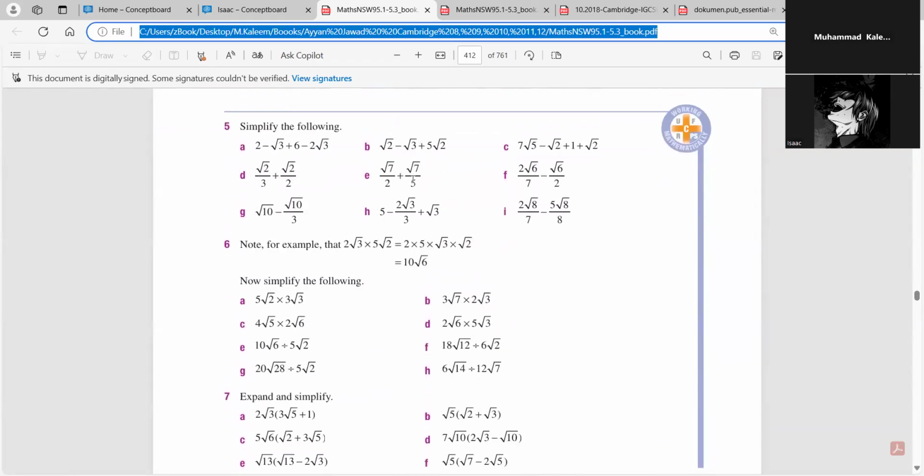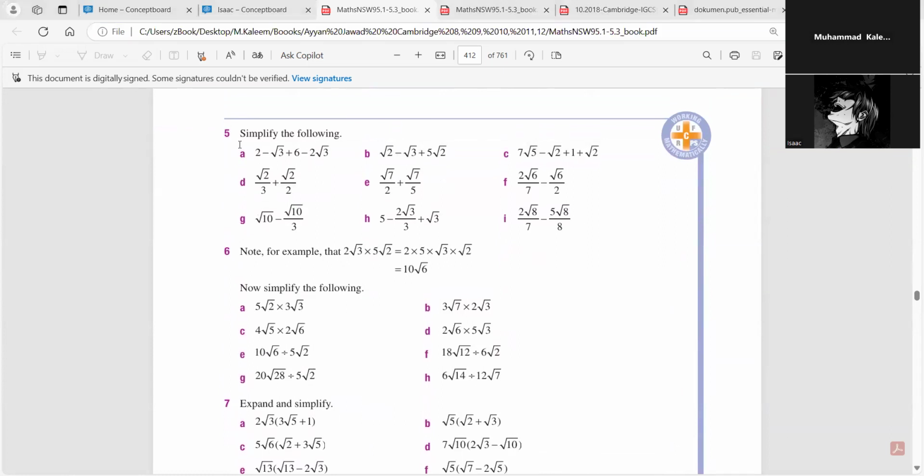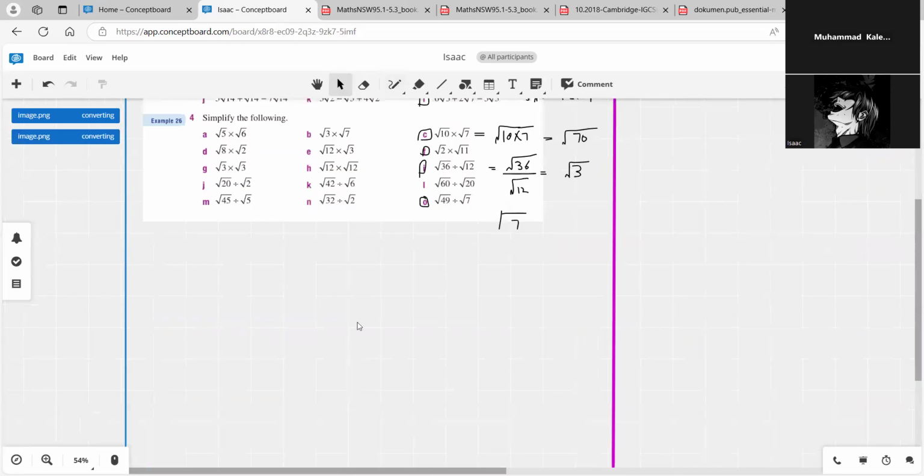Next, we have further questions like this. Questions number 3 and 4 were easy. Let's solve a little bit more difficult question. Just wait a minute. Here it is.